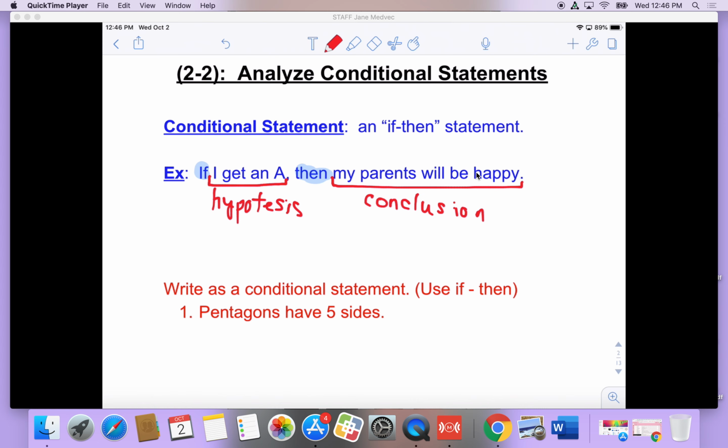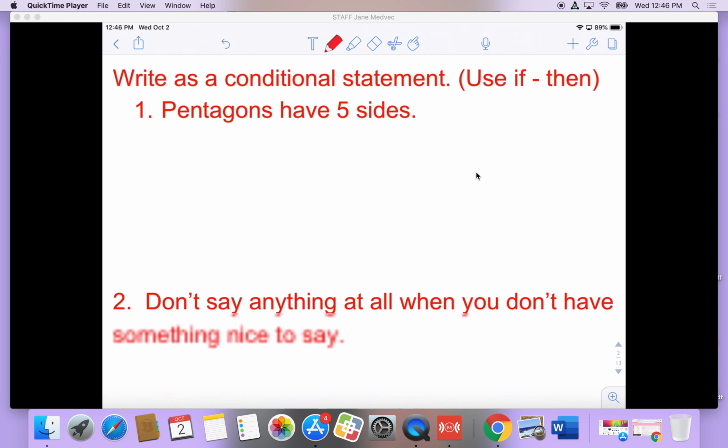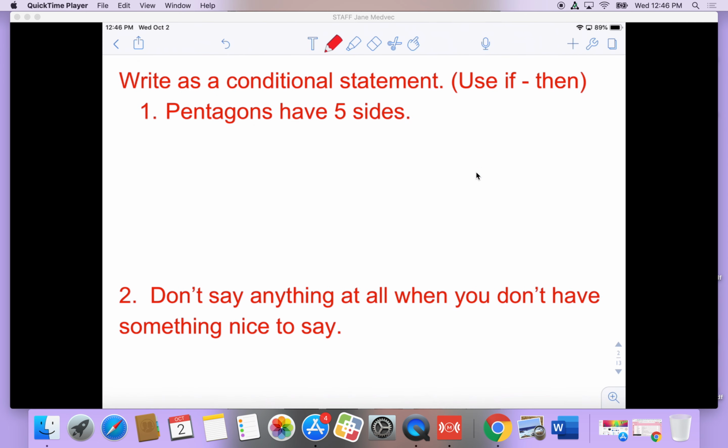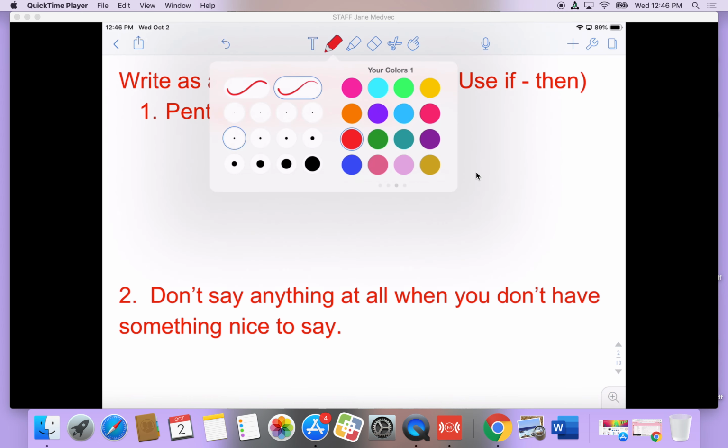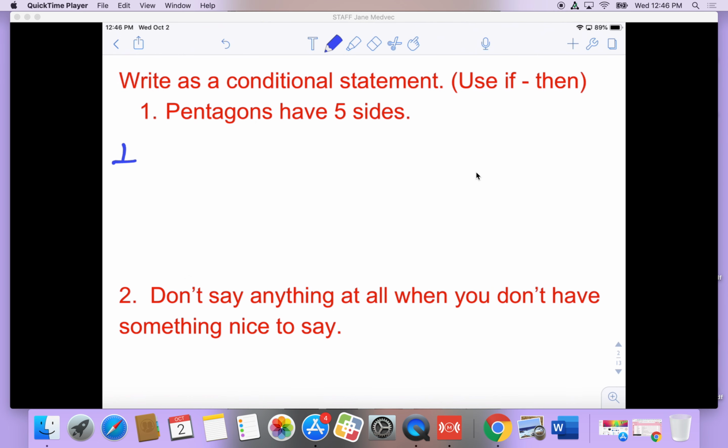All right, so let's take a look at an example. I have a sentence that says pentagons have 5 sides, and we're going to write that in a conditional statement. So I'm going to start off with the word if. And I'm going to start you off. I'm going to kind of write it with you, and then the next one I'm going to have you do on your own, and we'll talk about it.